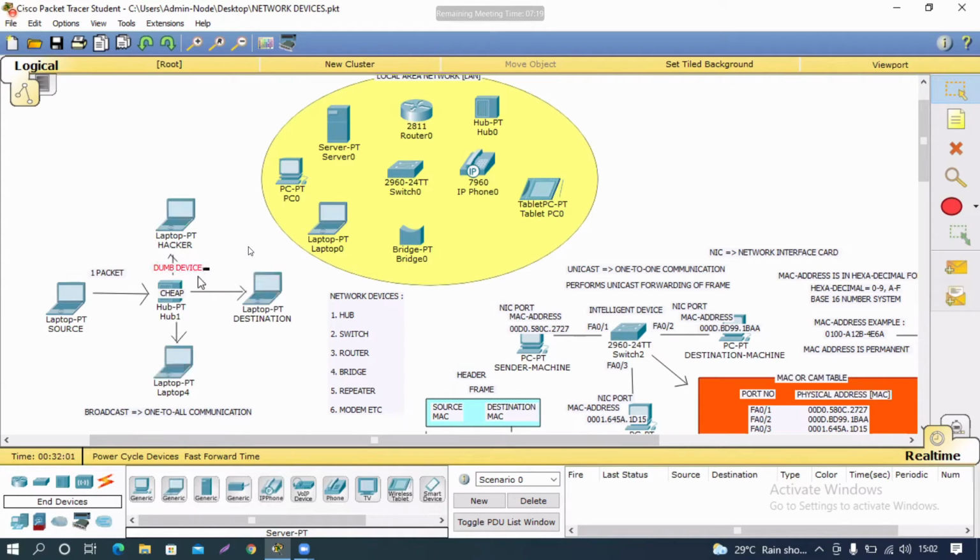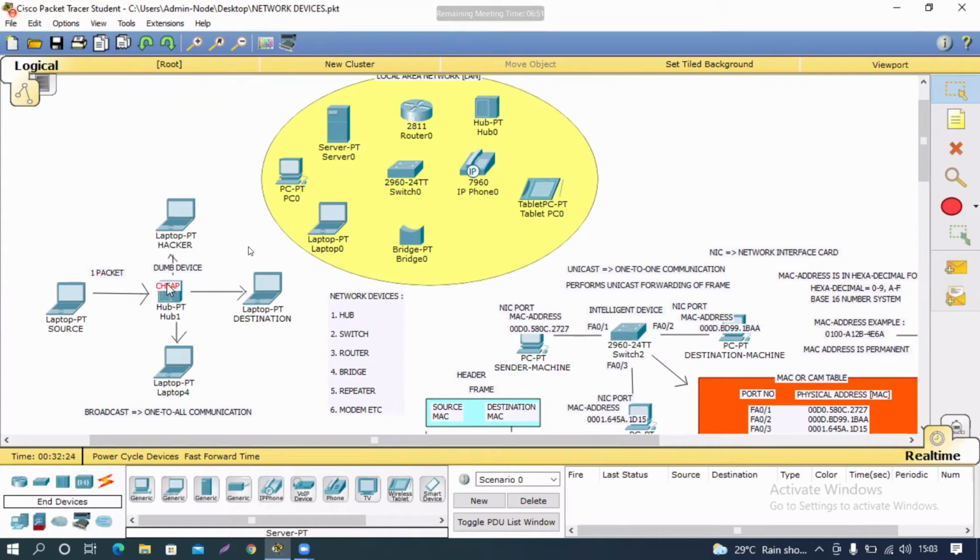So one packet is sent to all these other machines, and that is why we consider it a dumb device. Dumb device means that without seeing to which destination it has to be delivered, it simply sends it to every single other machine. This machine is also receiving it, along with this machine. This type of hub device is considered super cheap. At a very low cost you can purchase this device and set up a network, within 1,000 rupees only.